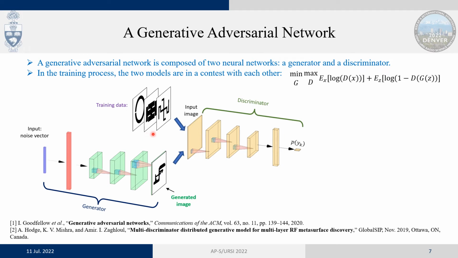So during the training, the discriminator tries to maximize this term while the generator tries to minimize it. This term represents the cross entropy between the distribution of the generated samples and the real samples in the training data.